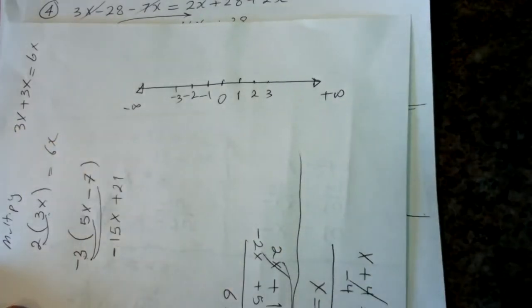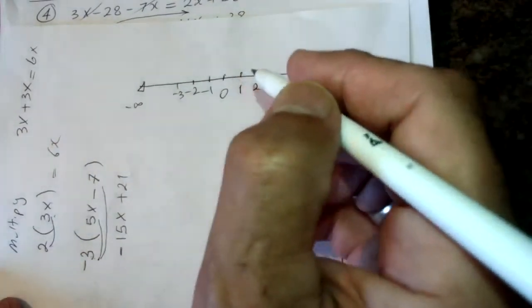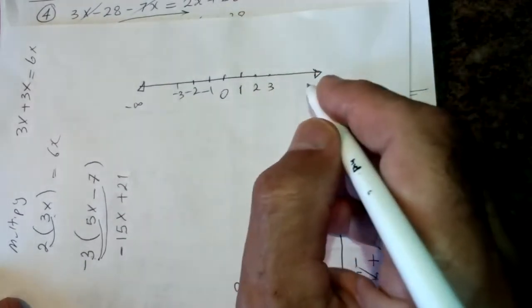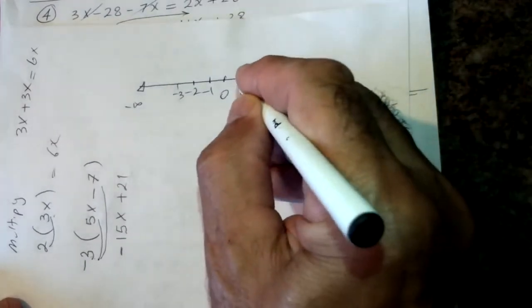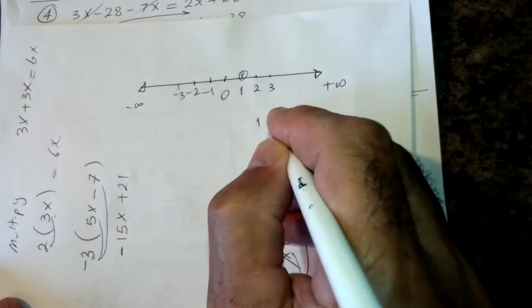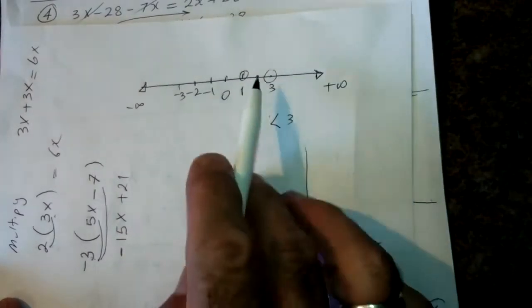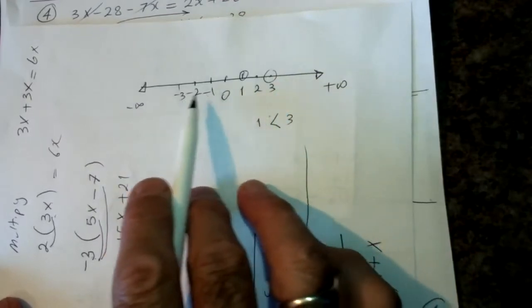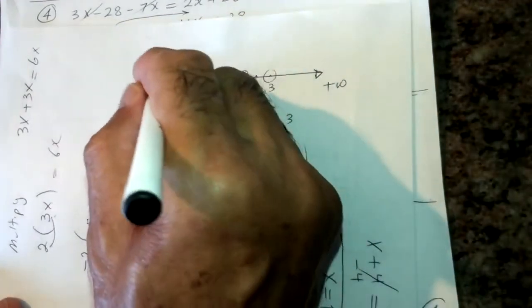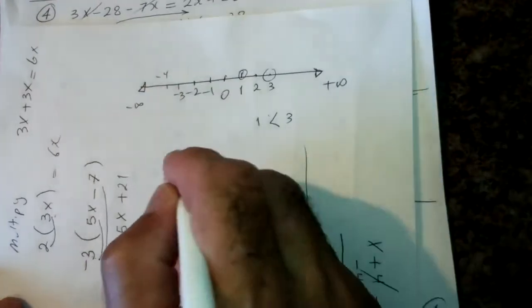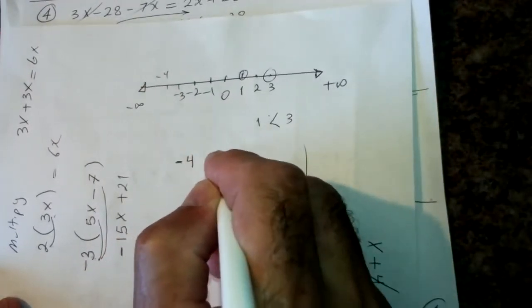You know how the numbers are increasing this way? Okay. So like on the number line, I see that 1 is less than 3, correct? Because 3 is on this side and 1 is on that side. Now let's look at the negative numbers: negative 4 and negative 1. Which one is larger?